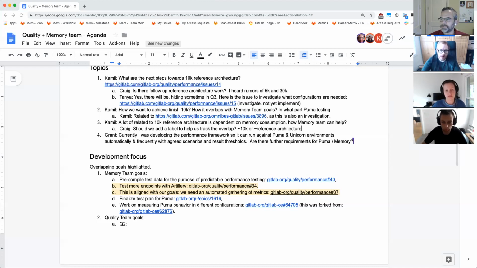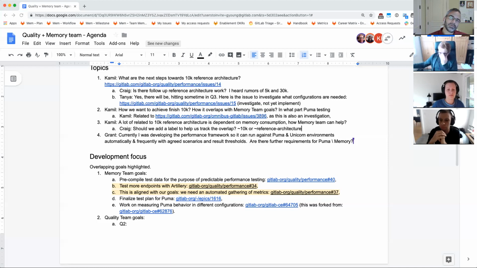So if I understood what Grant said earlier correctly, what we're trying to do right now is give a recommended architecture for 10K users based on what we know and what the software is today. If I'm expanding that a bit, we're not going to let any performance issues stop us from giving that architecture right now.